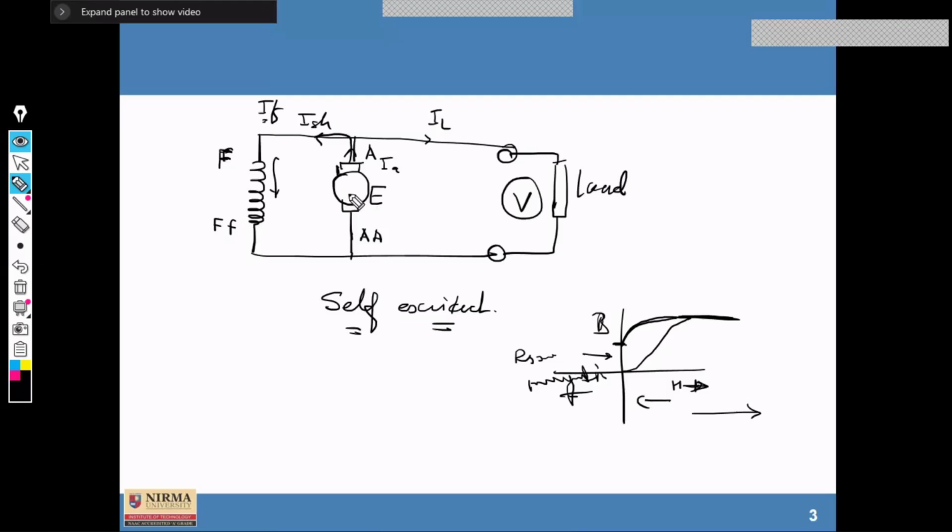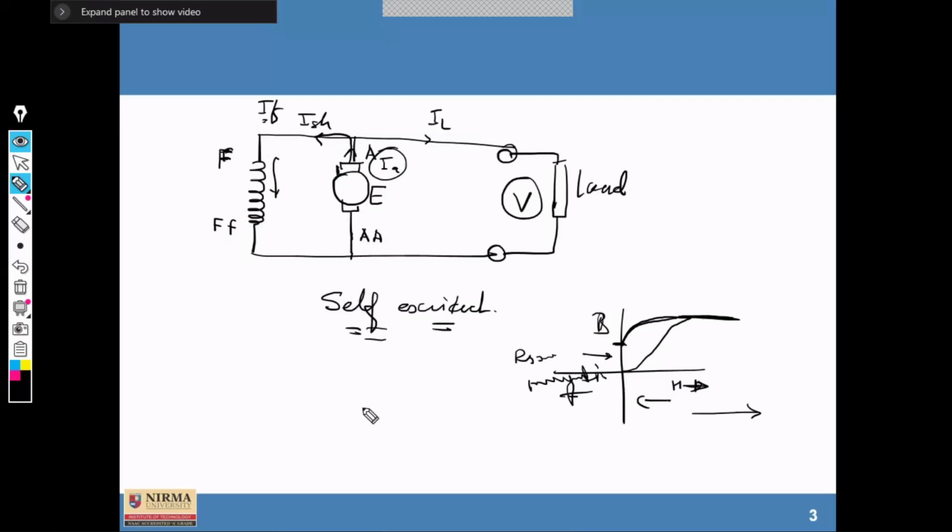So in this case, when the current flows, the self current, which is generated, abbreviated as IE, the armature current, is used for the field winding to become an electromagnet for a stationary magnetic field. So this is self-excited.